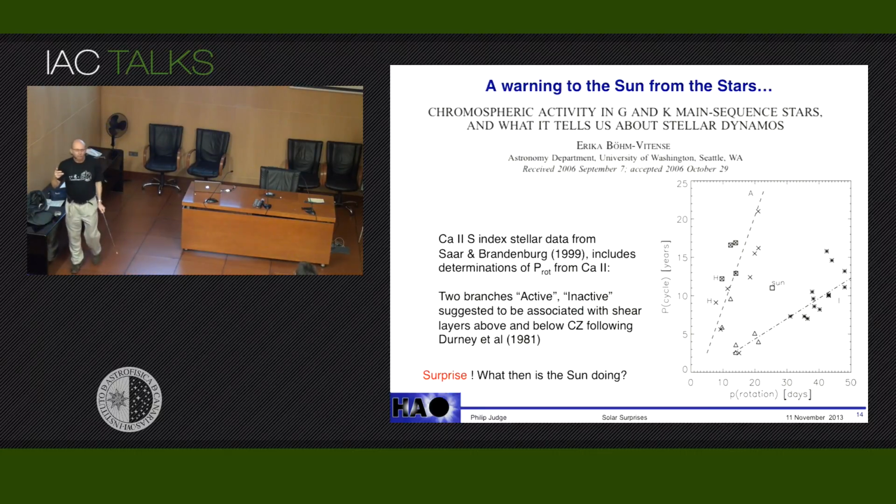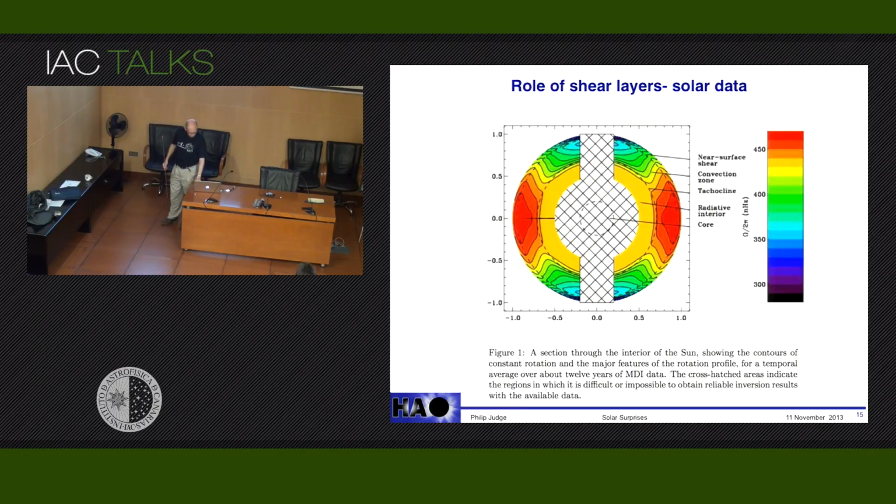Remember, shear is everything in amplifying the magnetic field in the induction equation, and that this one is to do with the deeper part. So, in effect, the sun should really have appeared down here in these kind of models because there's no surface shear layer. On the other hand, that's been introduced into those models that I know of.